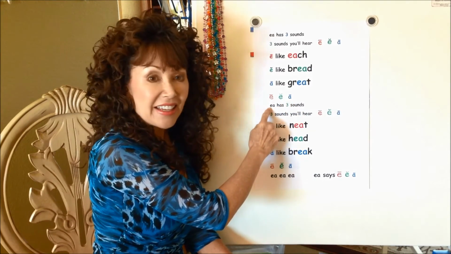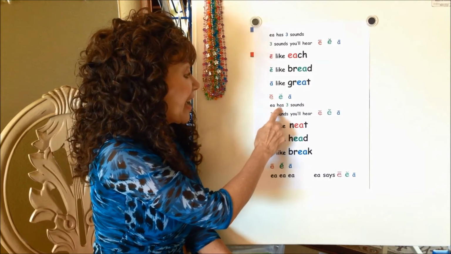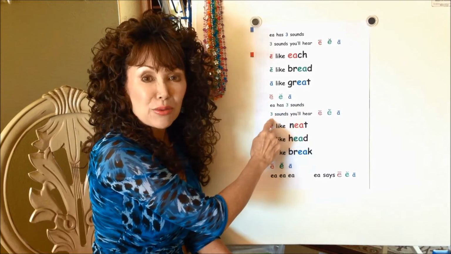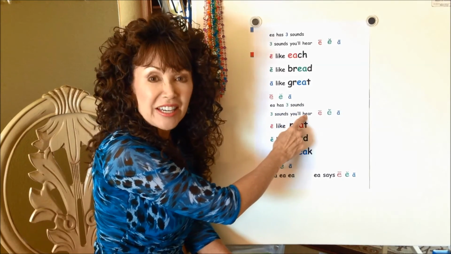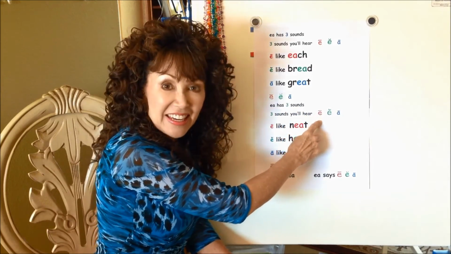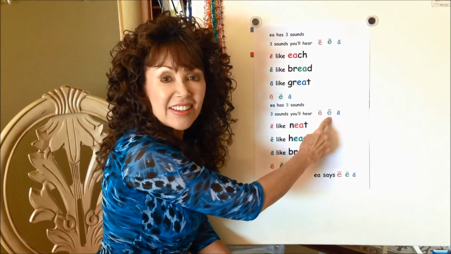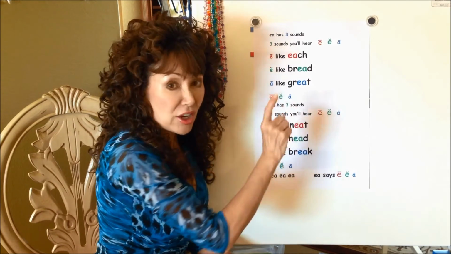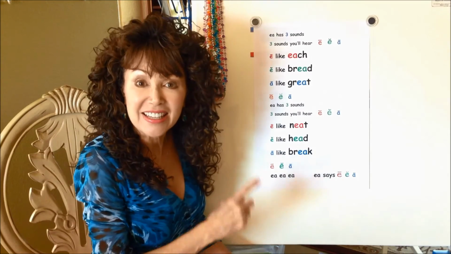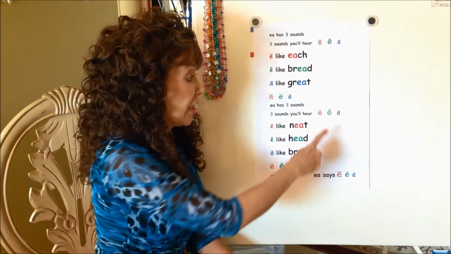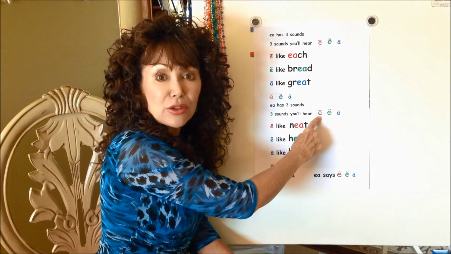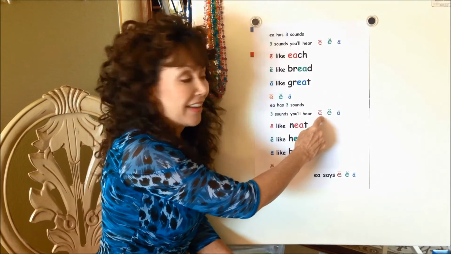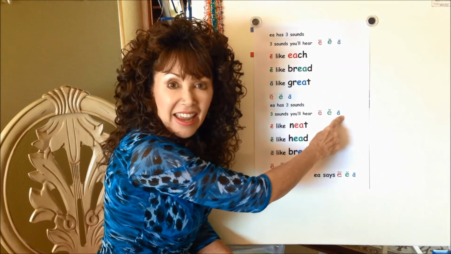And then we sing again. EA has 3 sounds you'll hear. E, A. Make sure that when you are singing the E, A part, that you're pointing to the 3 letters. E, A. Good.